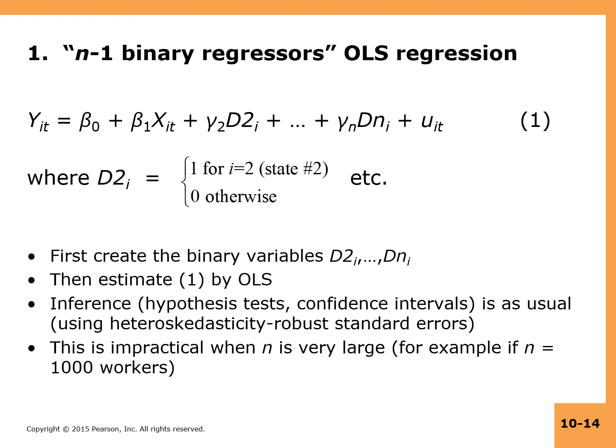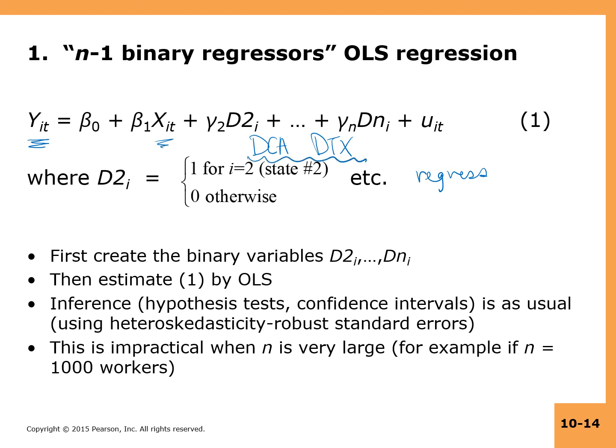We have already seen this example of n-1 binary regressors. In the previous example, we created a dummy for the state of California and also a dummy for the state of Texas. In this case, you can first create the dummies and then use the Stata command regress to regress the dependent variable y on x and all these dummy variables.